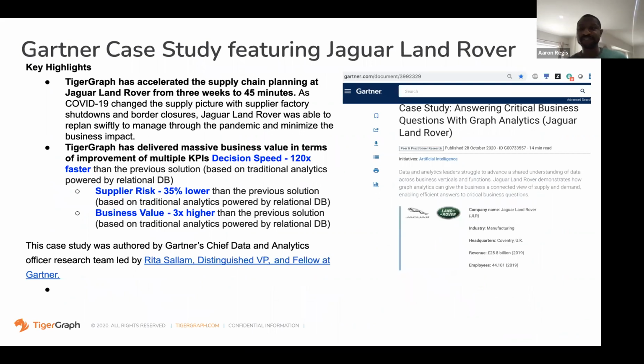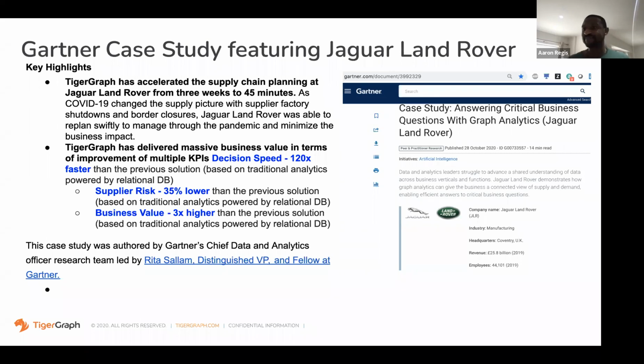So in terms of the actual benefits that this has helped JLR achieve, we spoke about at the top the headline, going from 3 weeks to 45 minutes, that translates to tens of millions of dollars, especially right in the middle of COVID. In terms of certain KPIs, in terms of the value, 120 times faster decision making, right? This is a key KPI.